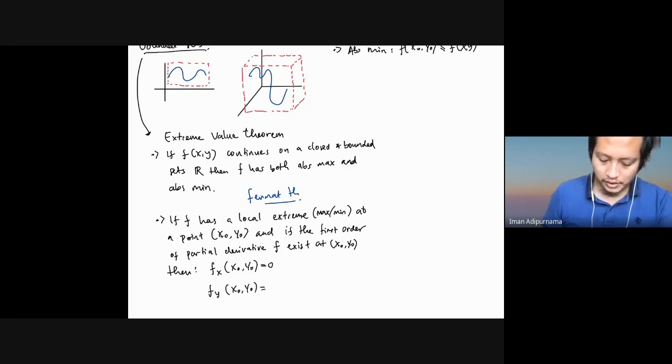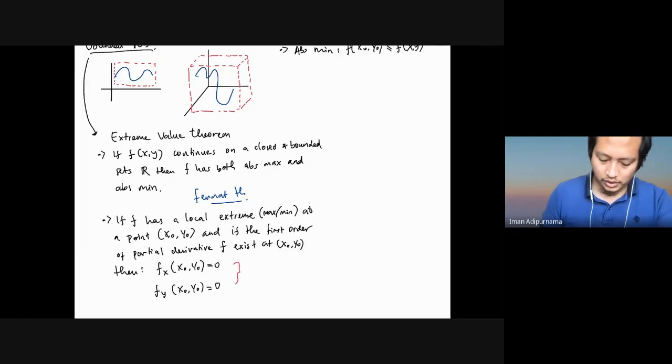So both partial x and partial y should be equal to 0. And this is actually our critical point.